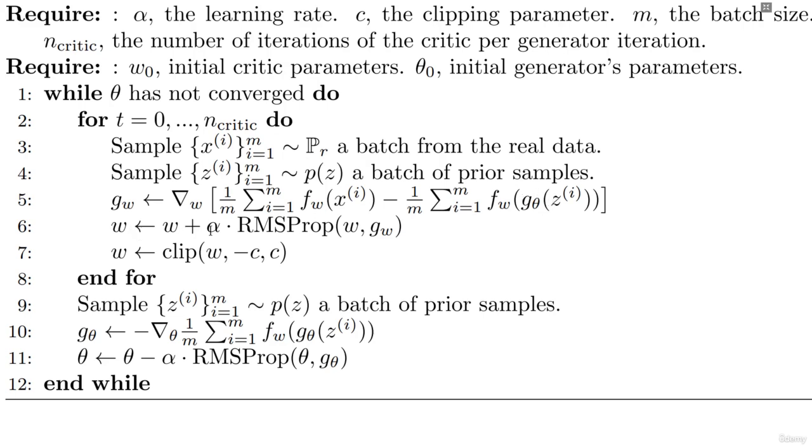Then we optimize the parameters, and then we also clip them. Nonetheless, we are going to use the gradient penalty method, so we are not going to apply this clipping right here.